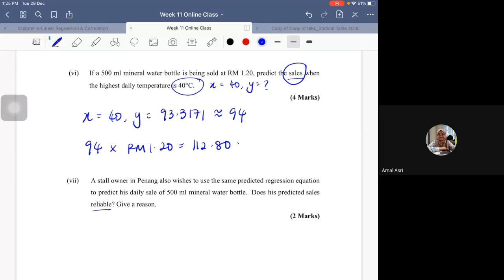What does it mean by reliable? Can the owner use the same model that we use for this particular problem? Yes or no? What do you think? Is it possible that the owner in Penang also wants to use our model? Would it be a good model for his stall?